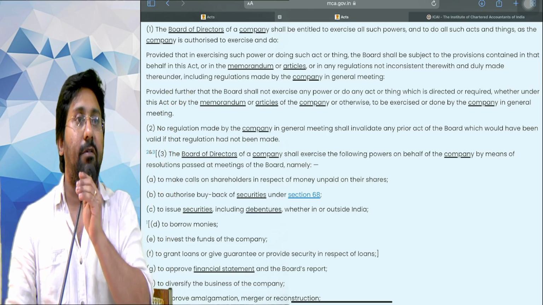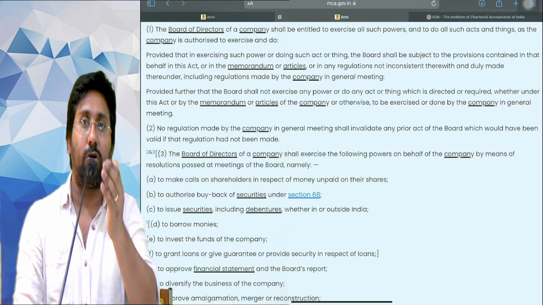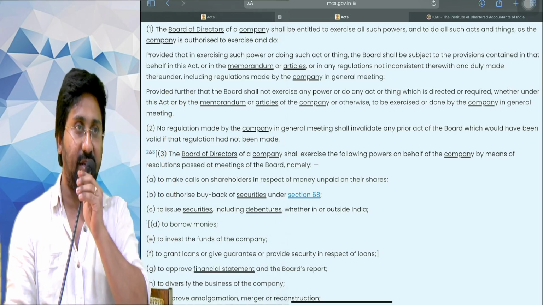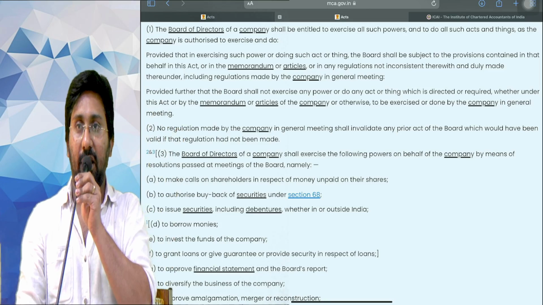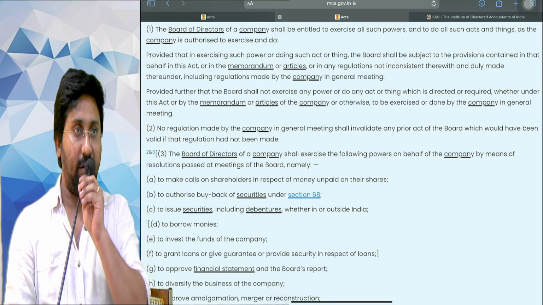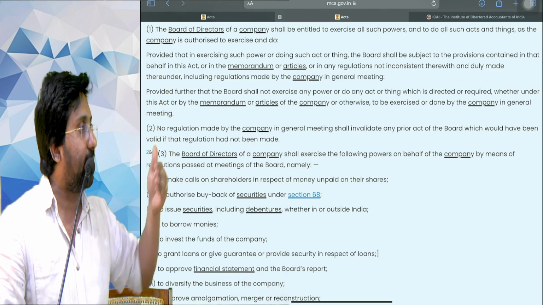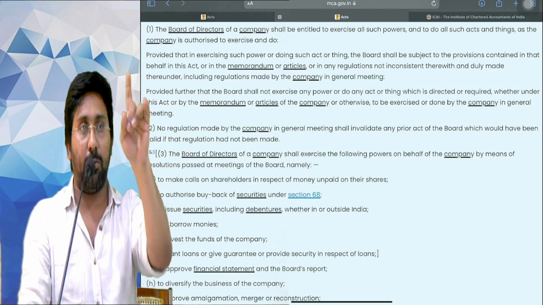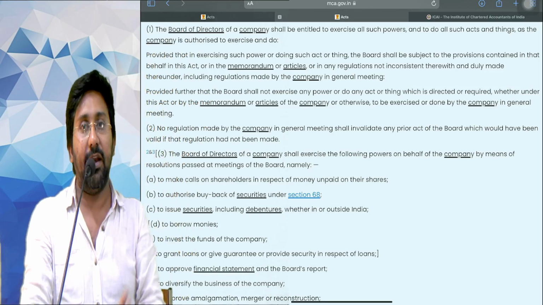While exercising such powers or doing such act or thing, the board shall be subject to the powers contained in this behalf in this Act, the memorandum, articles, regulations not inconsistent therewith and duly made thereunder, including the powers regulated by the company in a general meeting. Like that, they started saying the powers of the board of directors. Section 179, subsection 1, first proviso, second proviso, 179 subsection 2.